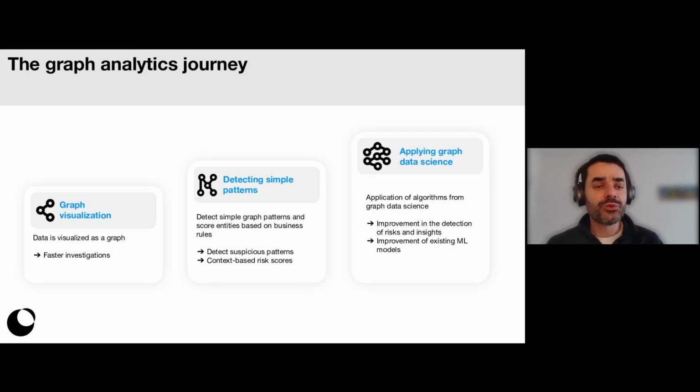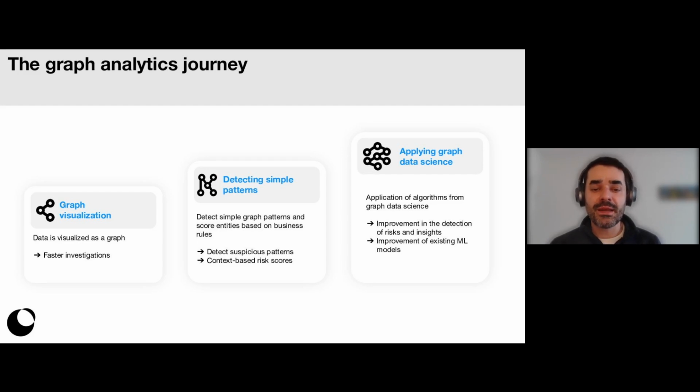And one thing that I want to stress here is that graph analytics is really a journey, I guess. You can start very easily with graph visualization. Maybe you have some data and you simply want to visualize that as a graph, and you can already unlock a lot of value and accelerate investigations.